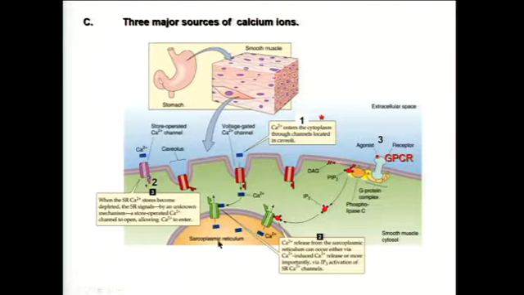It will release more calcium from the SR. It will also bind to calcium-operated calcium channels. So once it binds calcium, it lets more calcium in. It can also activate G protein coupled receptors. Again, why these GPCRs do so many things in our physiology. So there's three major sources of calcium ions. It takes longer to get the calcium level up in a smooth muscle cell than others for that reason.